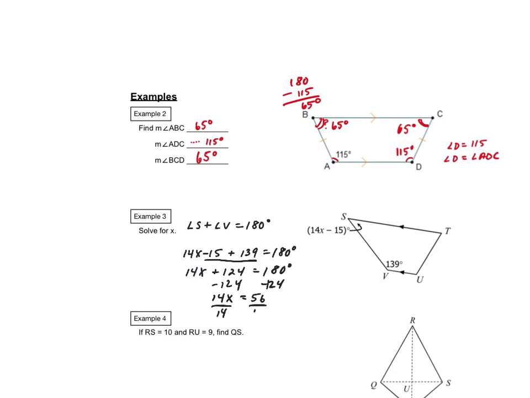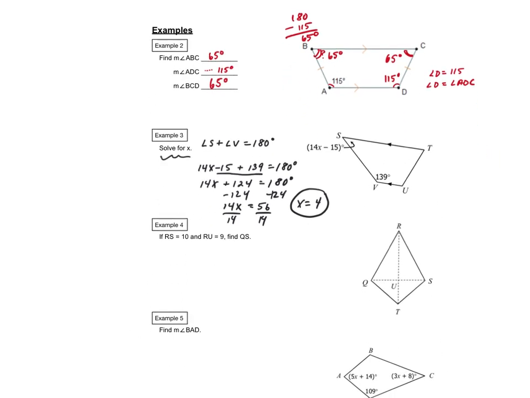Divide both sides by the coefficient, and x is going to be equal to 4. So I just found the value of x, and I don't need to do anything more than that. We found the value of x by using the property of those two angles.